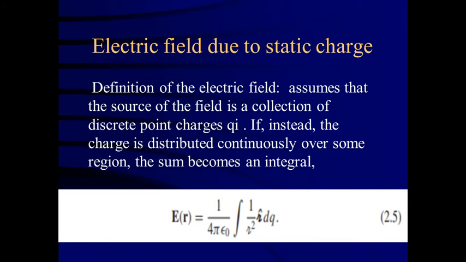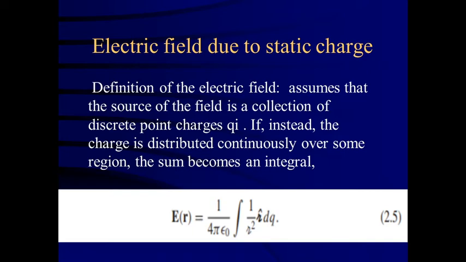This is called continuous distribution of the charge. Then the electric field can be found by taking integrations instead of summation. And a general equation is like this: E(r), E is the function of position vector r. That means the electric field at a point P which has position vector r is equal to 1 upon 4 pi epsilon 0.